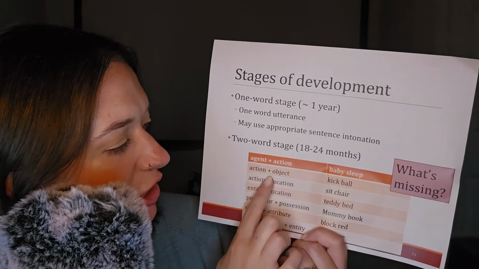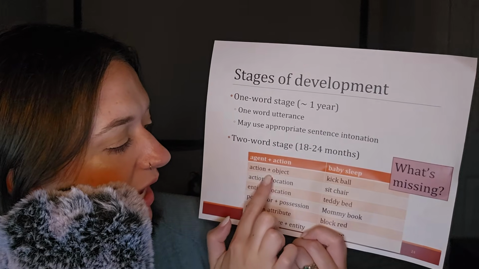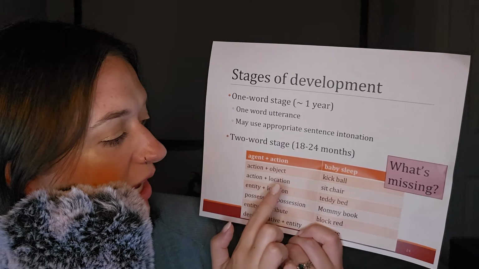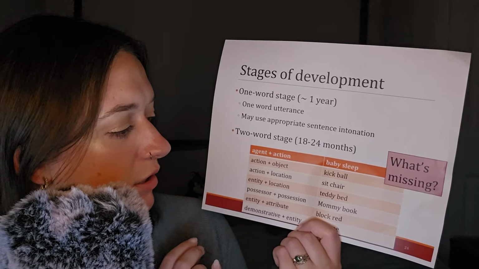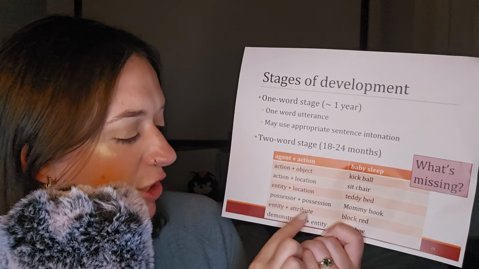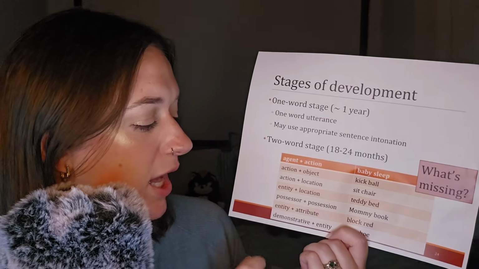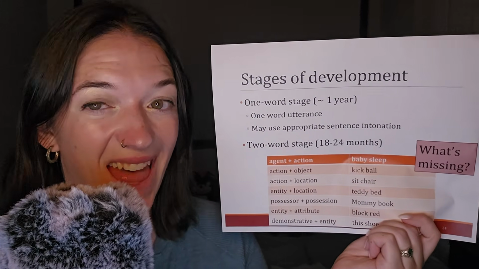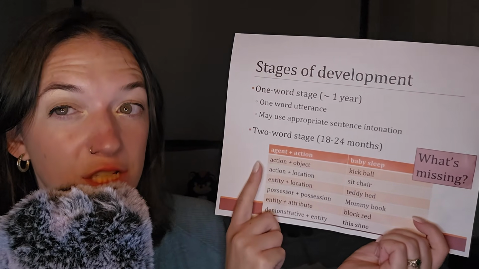They can do an action plus a location, sit chair, an entity and its location, teddy bed, a possessor and the thing that is possessed, so mama book, baby bottle, an entity and an attribute, so something that describes that entity or object, block red, and a demonstrative, so that's this and that, and an entity, so this shoe, that shoe.